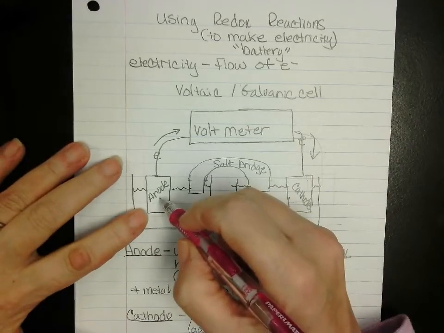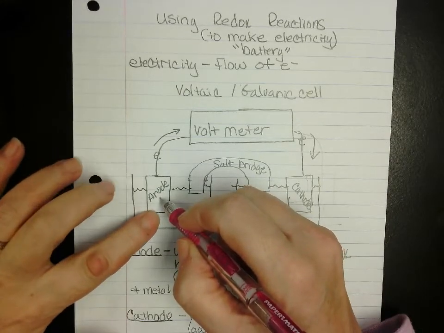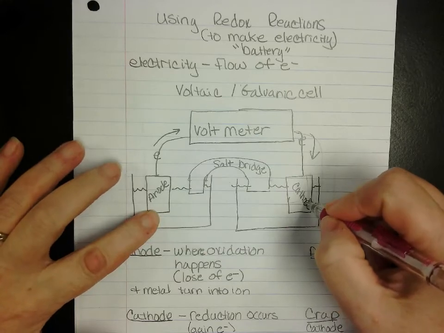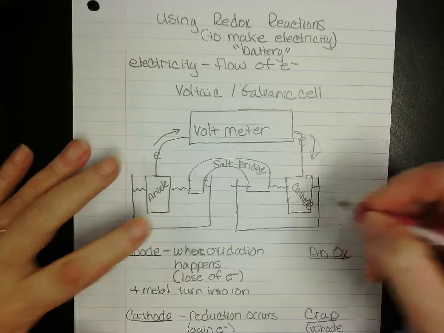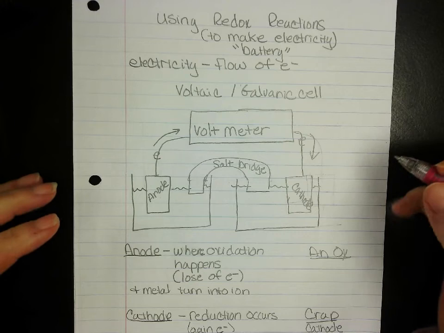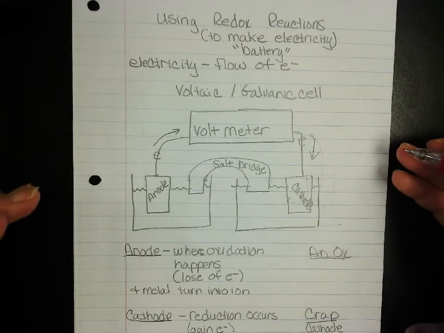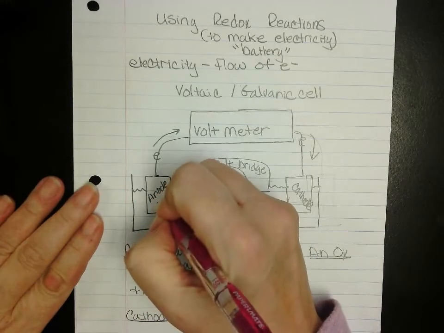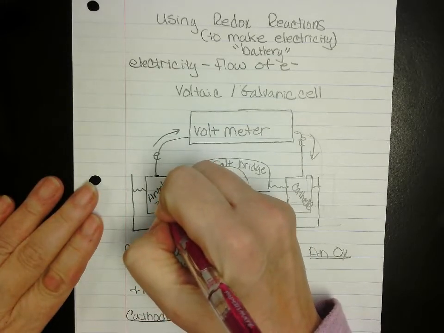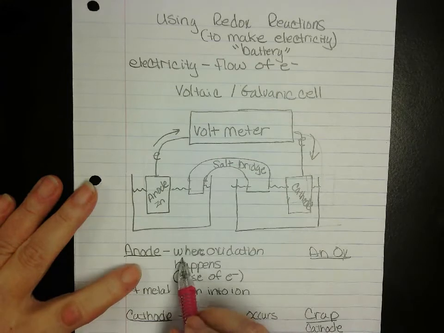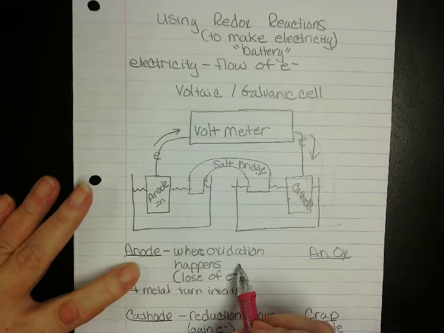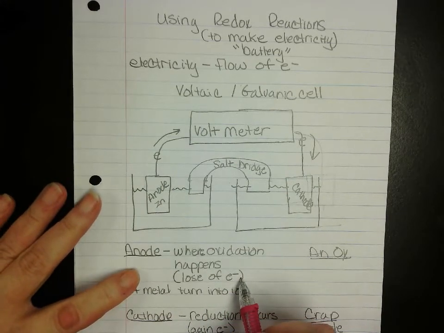First of all, this is a metal electrode, and this is a metal electrode. So we have reactions with copper and zinc, and one of these would be oxidized. That would be zinc. Anode is where oxidation happens, and that's the loss of electrons, okay?